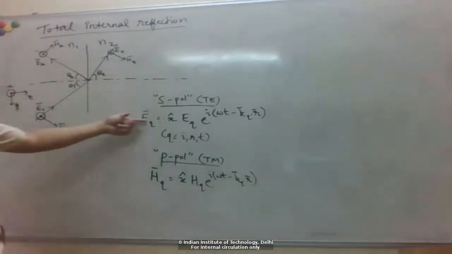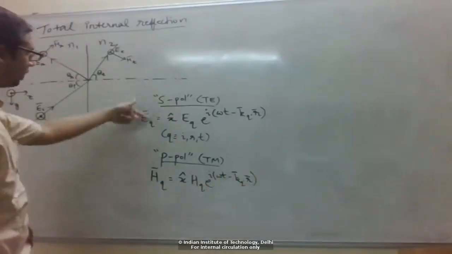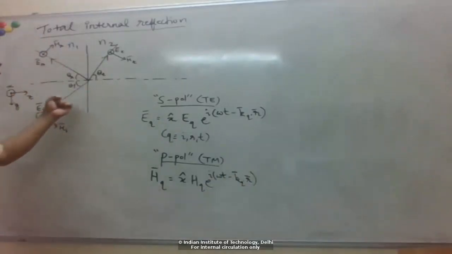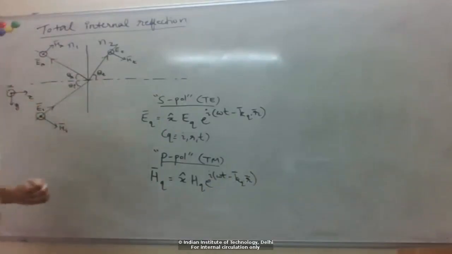For these two configurations, the boundary conditions will be matched in different ways. For example, when we solve for the reflection coefficients, the amplitude of the electric field in the reflected wave compared to that in the incident wave is different for these two.